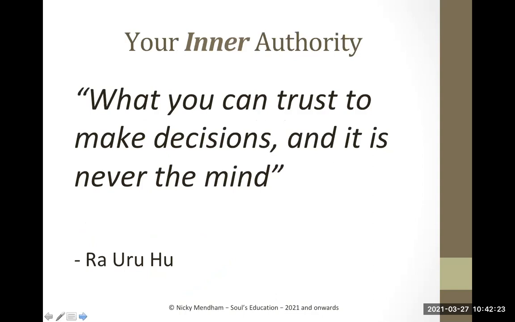And Ra, when it comes to the inner authority, says that what you can trust to make a decision is never the mind. So the inner authority actually lies within the body. We create our defense mechanisms in the first 7 years of our life. And whatever happens to us beyond that point on a physical level is a direct result of what's gone on in the first 7 years of our life.